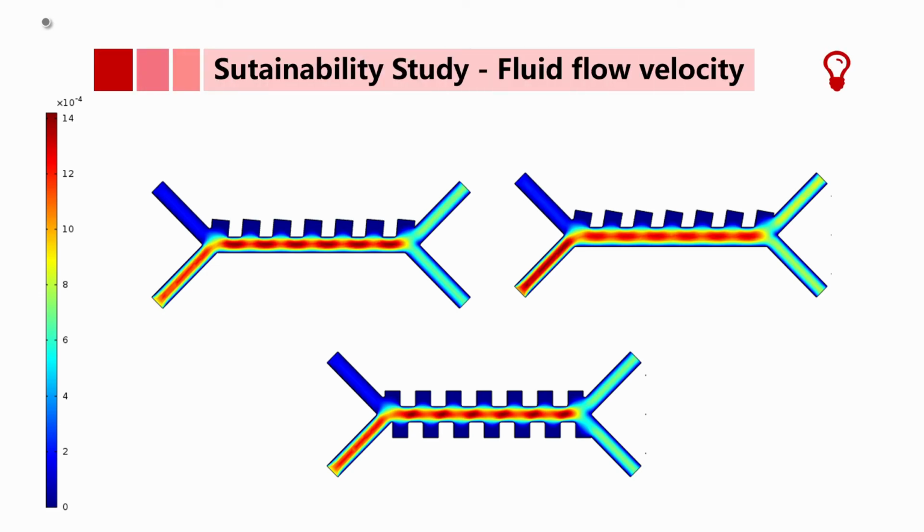For the fluid flow velocity, it was identical for all of the designs. In another design, what we tried to do is tilt the electrodes. For the single-sided electrodes, we tried to tilt it 5 degrees more, at 10 degrees, and it was still the same.